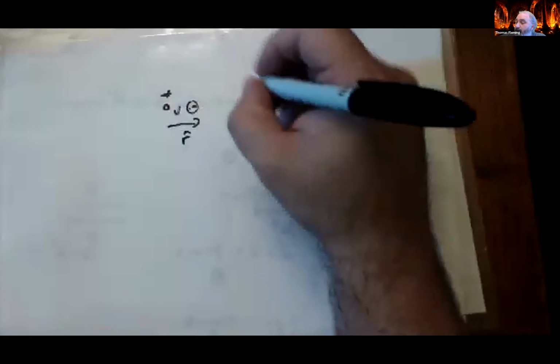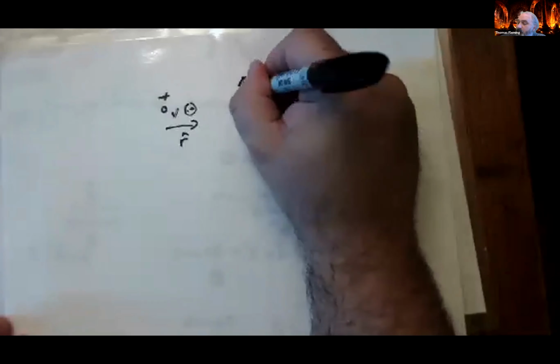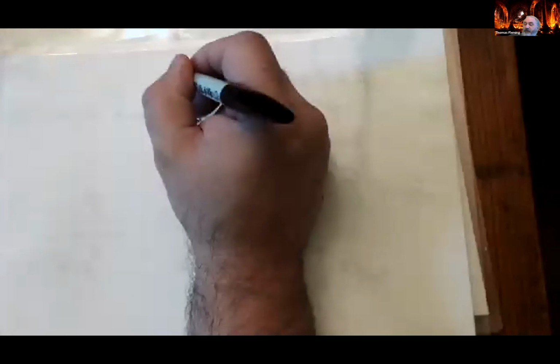And so when I do that and bend my fingers, my thumb points towards the top of the page. So the magnetic field created by that charge at that location would be straight up. Now, what's going to happen if I look above the charge some distance?